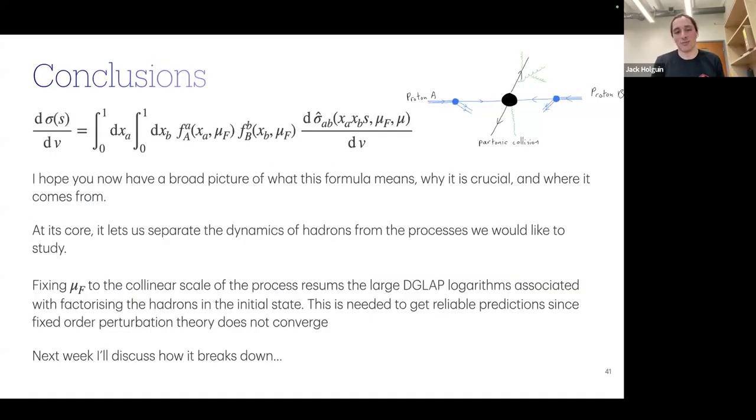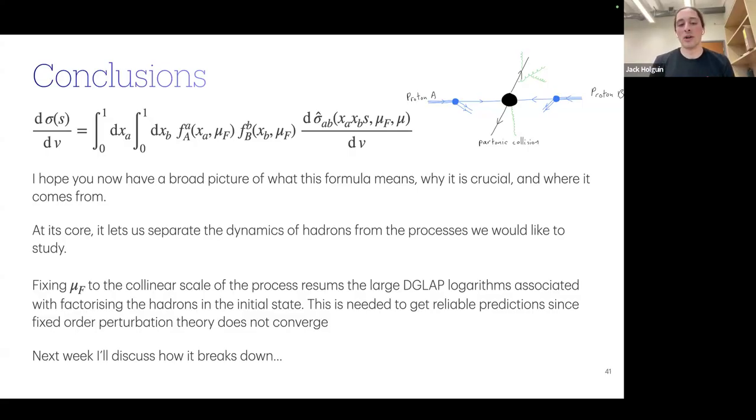So in conclusion, I hope I've given you a broad picture of what this formula means, and crucially, why it's needed and where it comes from. It's needed because it gives us the factorization of the proton dynamics onto universal functions that are independent of the parton collision, but also it resums the logarithms that are present in our process that are needed to make perturbation theory meaningful.